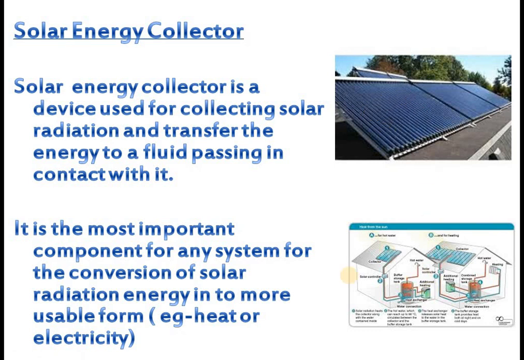That is the simple thing. You can see this kind of device in domestic houses, on rooftops of many flats and housing colonies. Formally, it is called a solar energy collector.